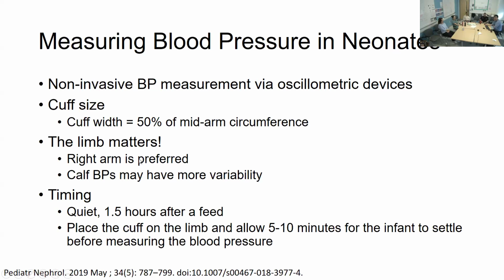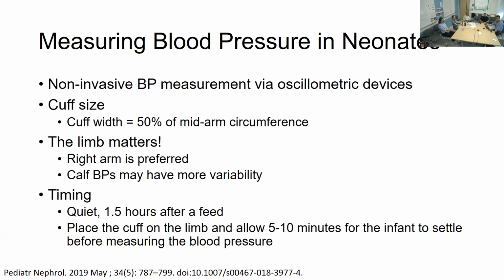Anyway, it's not exactly practical, but we want to make sure that it's measured usually on the right arm when possible in the event that you're dealing with a coarct or something like that. And we can talk about that and how to investigate that a little bit as well. Calf blood pressures are typically more practical. The cuffs fit a little bit better, but they tend to have a lot more variability and often tend to overestimate the blood pressure.